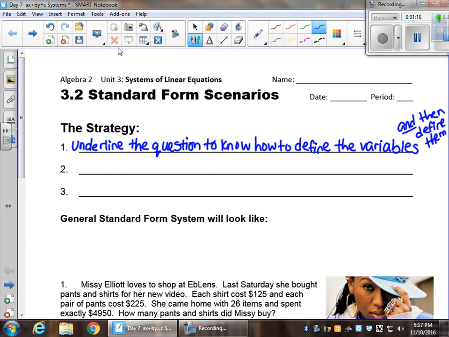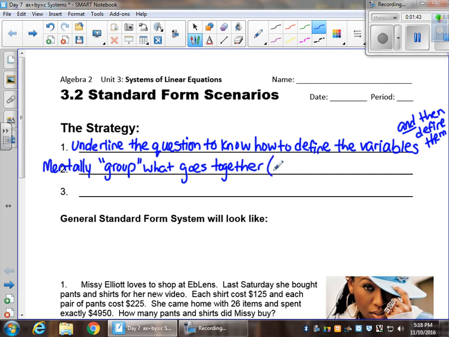Step 2, we will mentally, I'm going to start writing over here because I don't want to run out of space, mentally group what goes together.